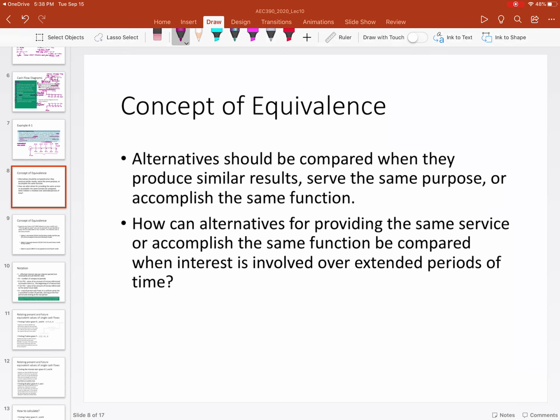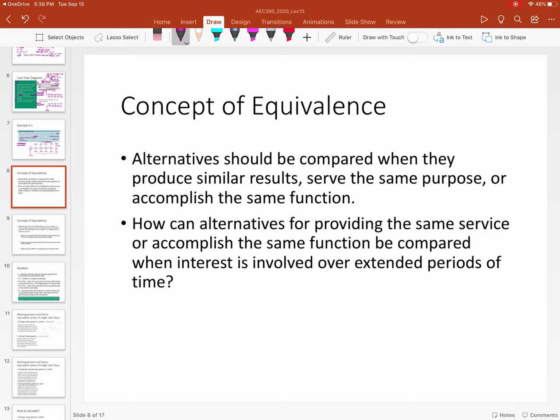So they are uncomparable because they happen at different time stamps in different ways. So how can you compare these solutions at all? And so to compare them, we are going to use the concept of equivalence, which means we will convert each project's cash flow diagram to some single value.